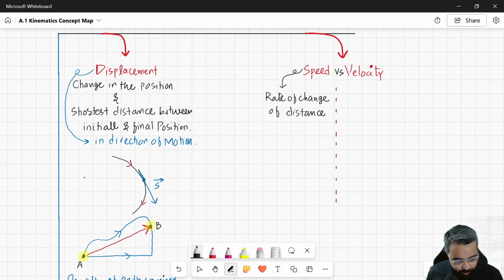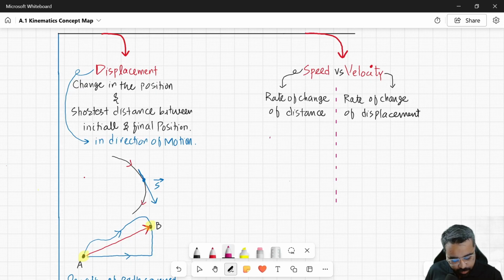Whereas the velocity is basically the rate of change of displacement. So when we represent it, it equals delta s over delta t. Here s is the distance covered, whereas velocity is a vector quantity, equal to the rate of change of displacement. We will understand all of these definitions in a graphical perspective also.